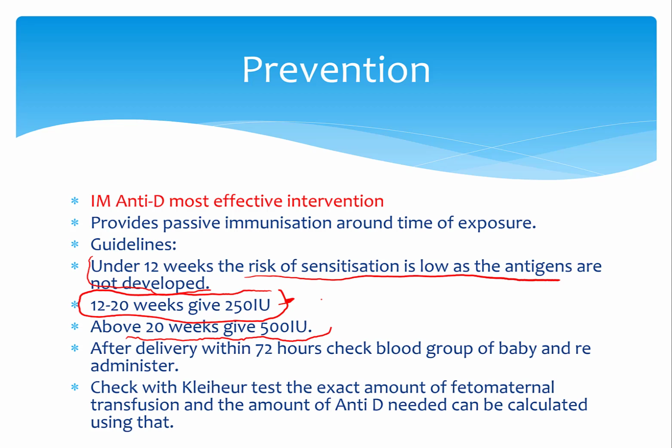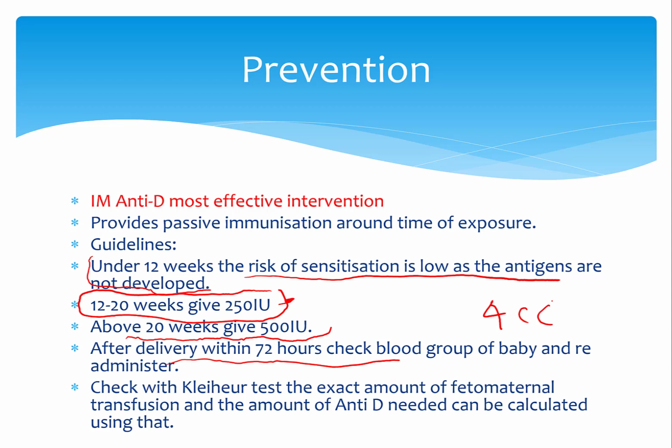After delivery, because of the risk of larger fetal-maternal transfusion, we check the baby's blood group and give anti-D within 72 hours. Generally, the anti-D amount which we give is adequate to cover 4 cc of fetal cells entering the mother.